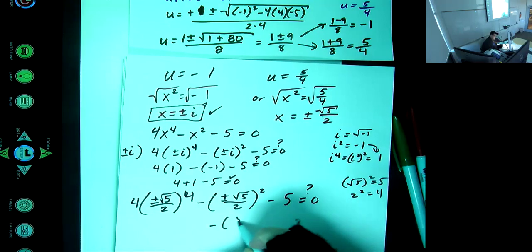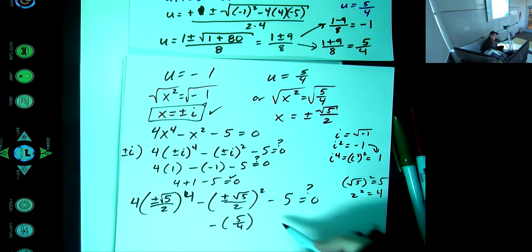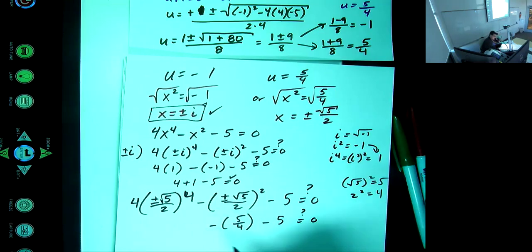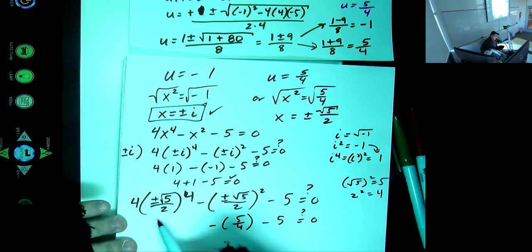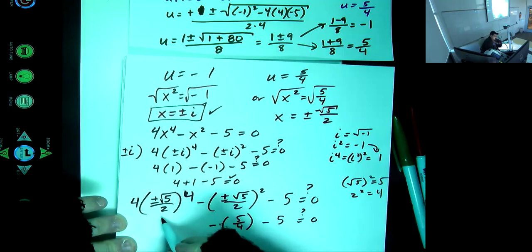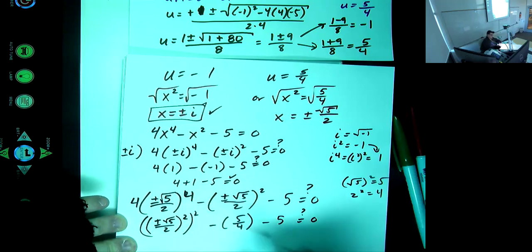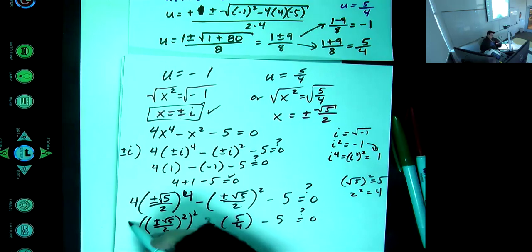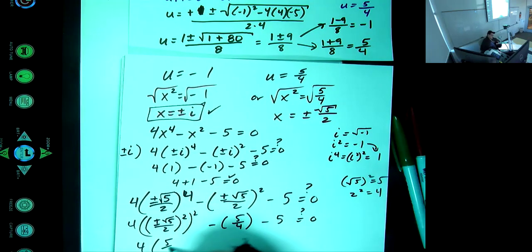So that becomes 5/4. This one is effectively 5/4 times 5/4, because remember, we wrote this as this squared. So that's 5/4 times 5/4 right there.